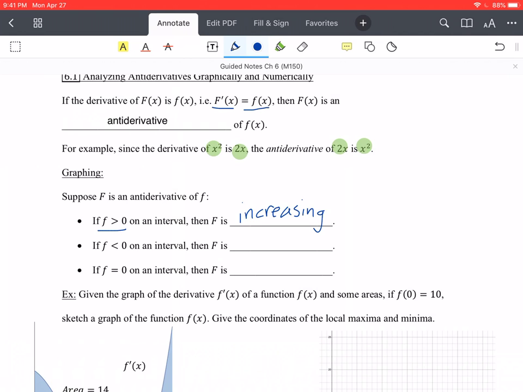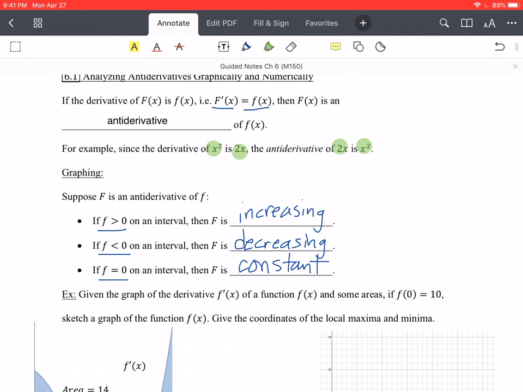Similarly, if little f is less than 0, then remember that little f is the derivative of big F. So that means big F must be decreasing. And if little f equals 0, so the derivative is 0, then that means that big F, our original antiderivative, is constant on whatever that interval may be.